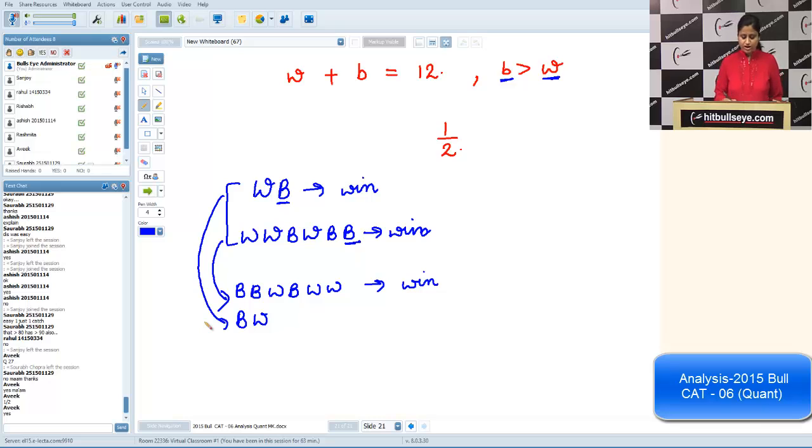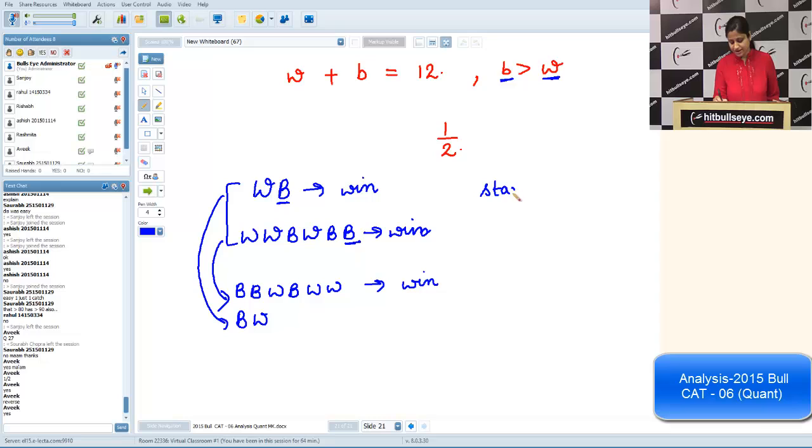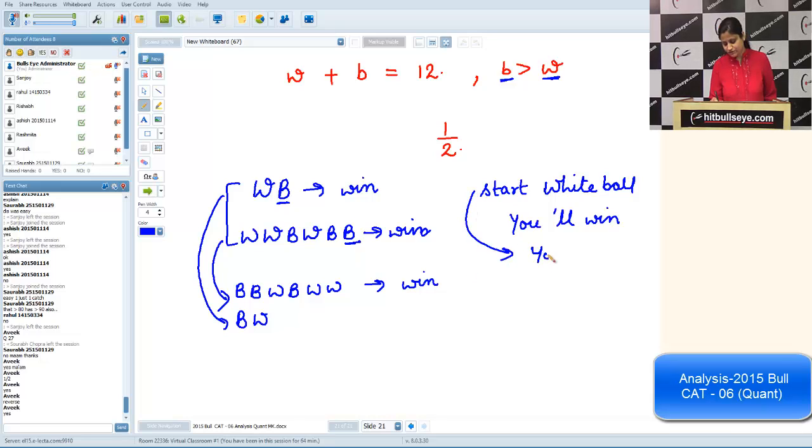So what we have learnt is that whenever you are starting with the white ball, you will win, and you will definitely end in a black ball.